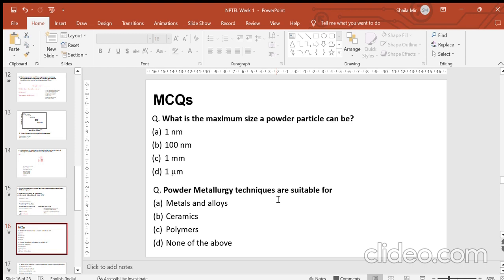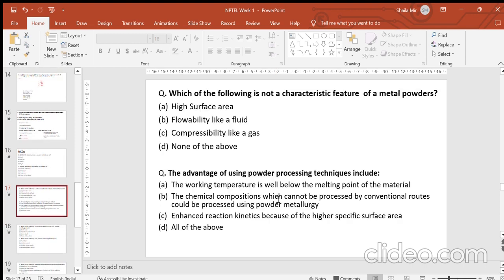You have read about powder metallurgy techniques being used. Both A and B. Yes, they are used for metals and alloys, and they can also be used for ceramic materials like silica, alumina, yttrium oxide, zirconium oxide. While polymers cannot be, because we are trying to process it into a finer powder size.